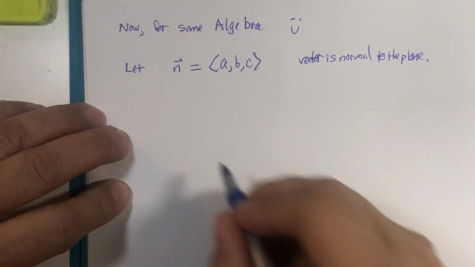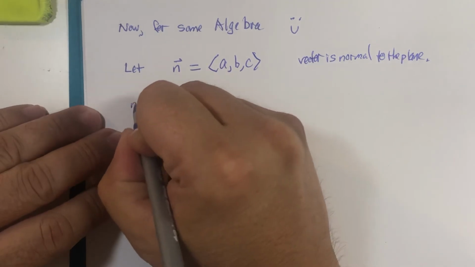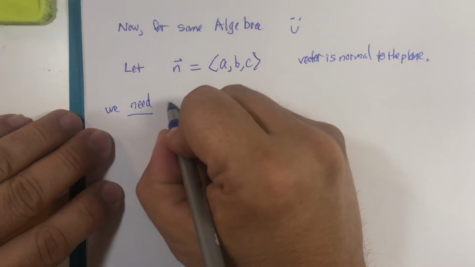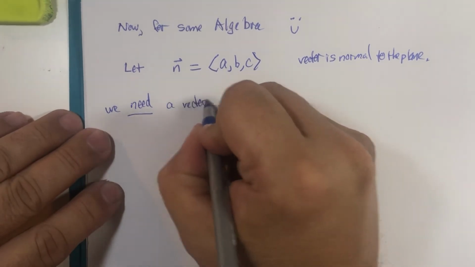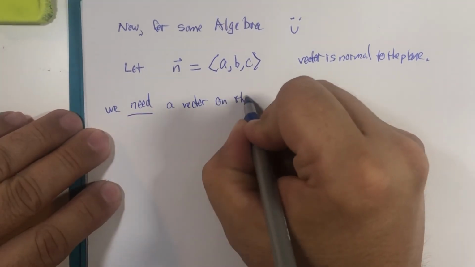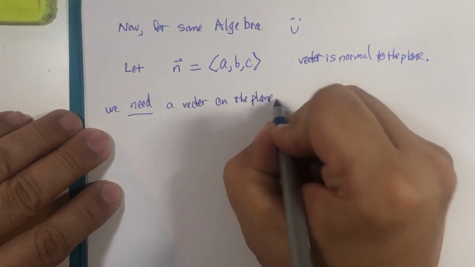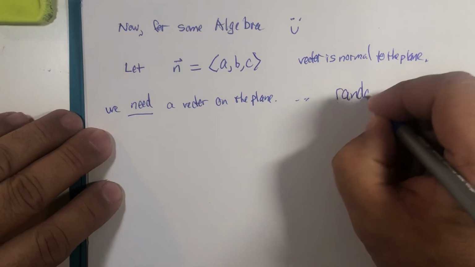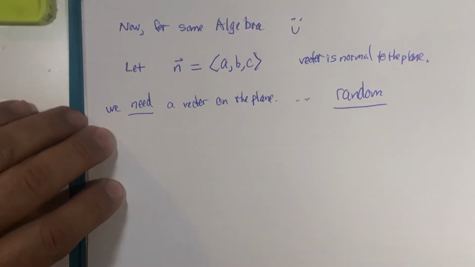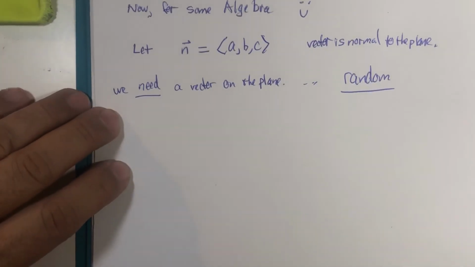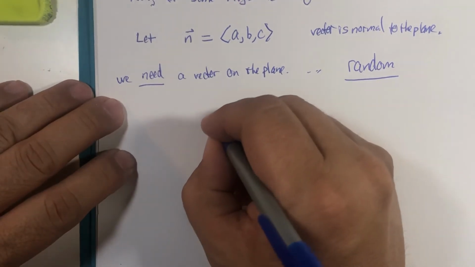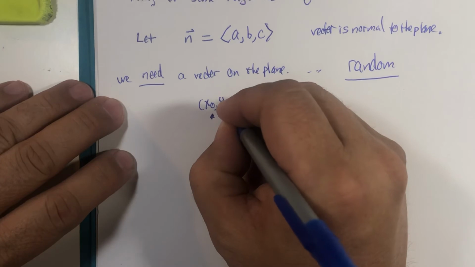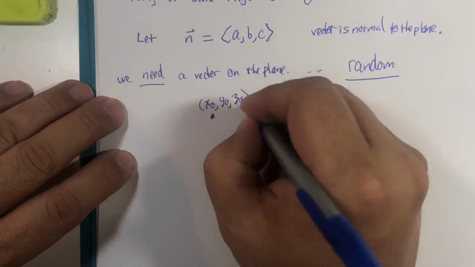Now what we need is a vector on the plane. And I want it to be a random vector on the plane. It doesn't need to be a very special one. So let's suppose I have this point here, x0, y0, and z0.